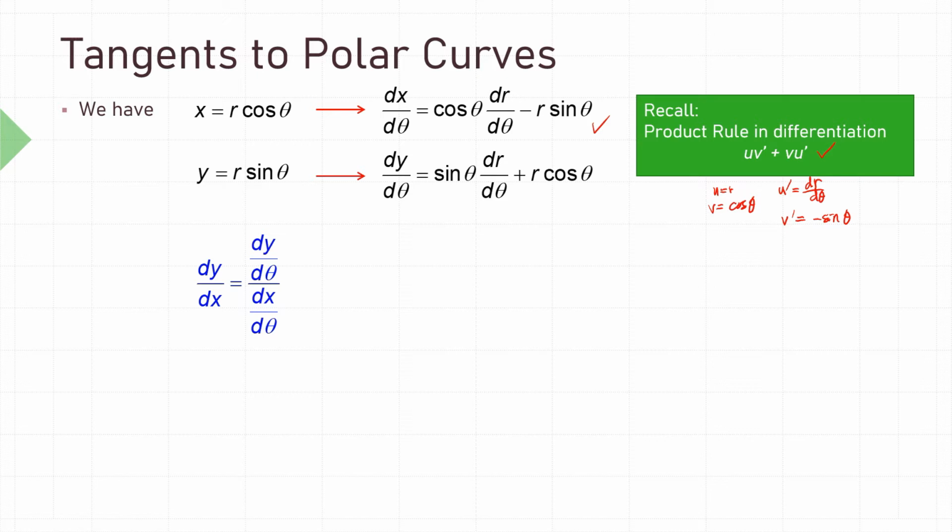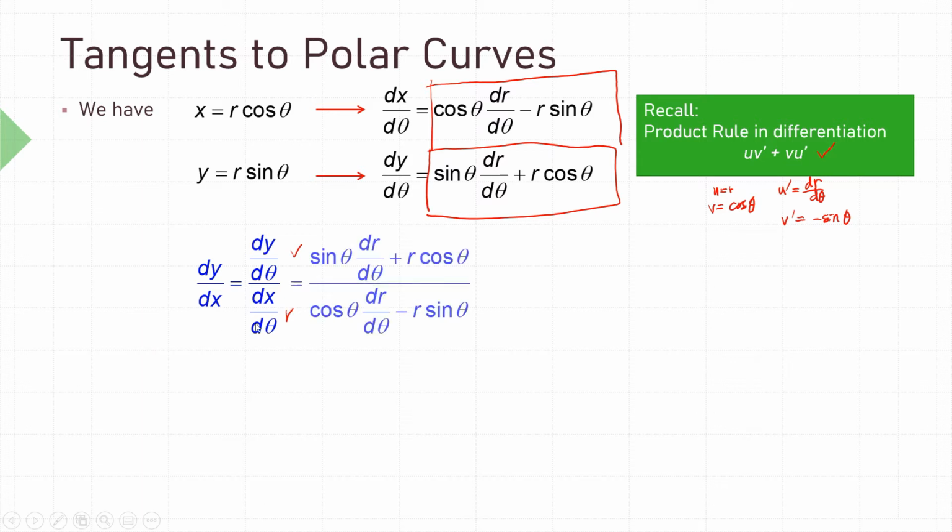We already have both, so substituting, the formula for dy over dx is given by sine theta dr over d theta plus r cos theta, divided by cos theta dr over d theta minus r sine theta.